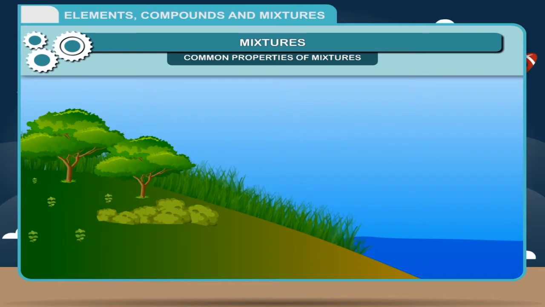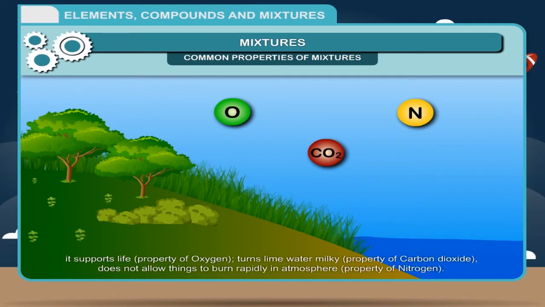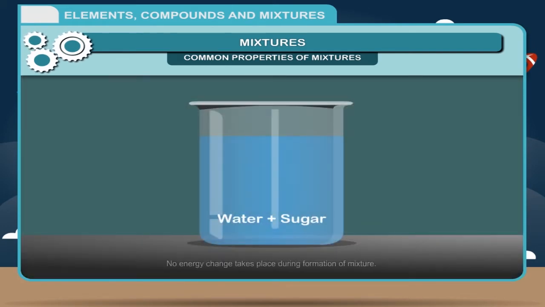For example, air contains oxygen, carbon dioxide, nitrogen, etc. Hence, it supports life: property of oxygen. Turns lime water milky: property of carbon dioxide. Does not allow things to burn rapidly in the atmosphere: property of nitrogen.